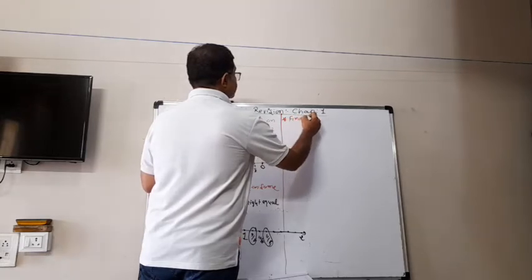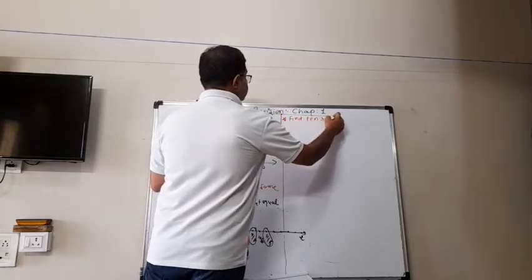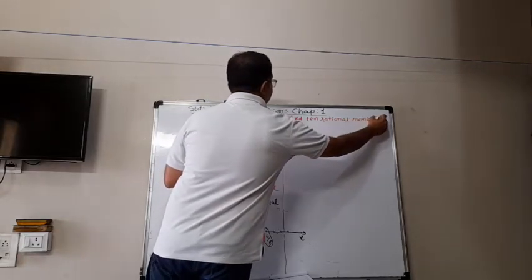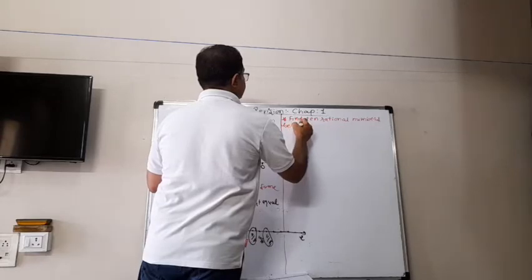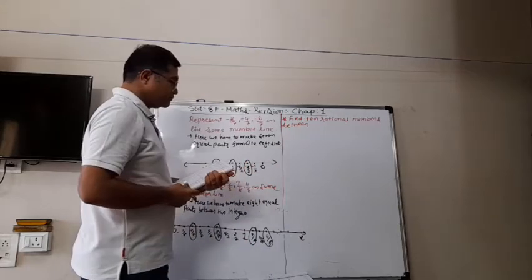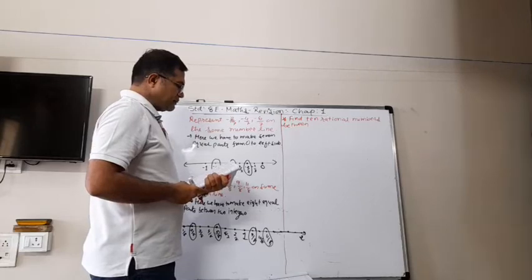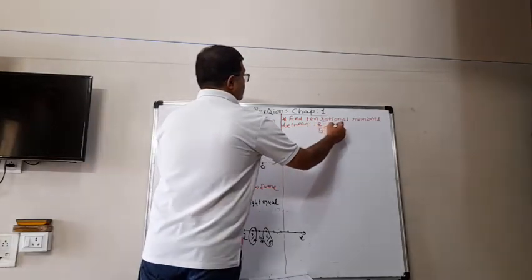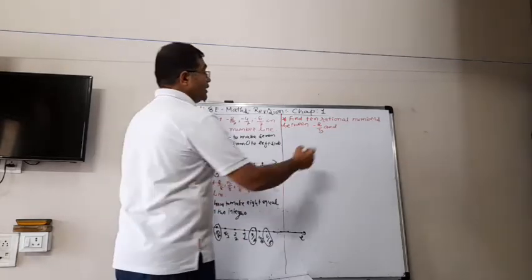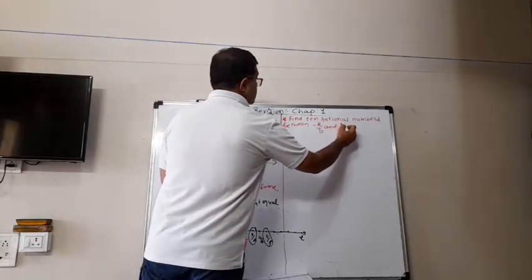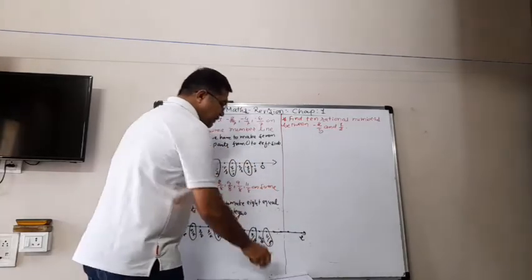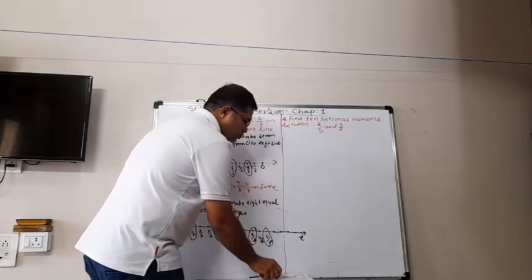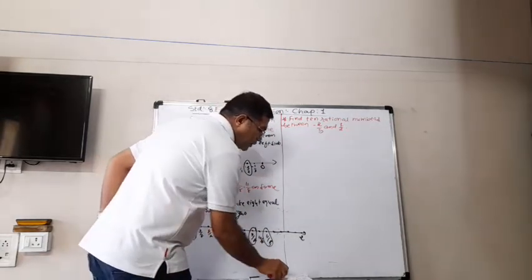Find 10 rational numbers between minus 2 by 5 and 1 upon 2. We have to find the 10 rational numbers between the numbers minus 2 by 5 and 1 upon 2.